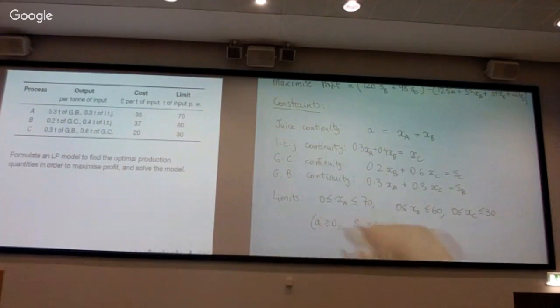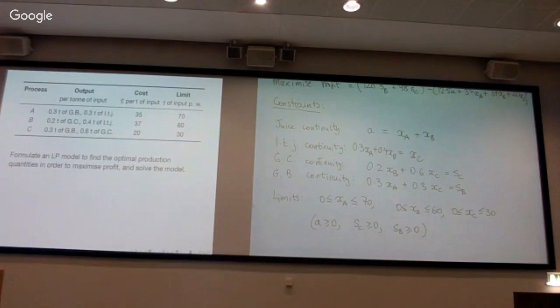Well, this time you don't need them. If you don't state these 3 constraints, then nothing bad can happen, because A is the sum of XA and XB, which are non-negative, and C is the sum of these, which are non-negative, and so on.